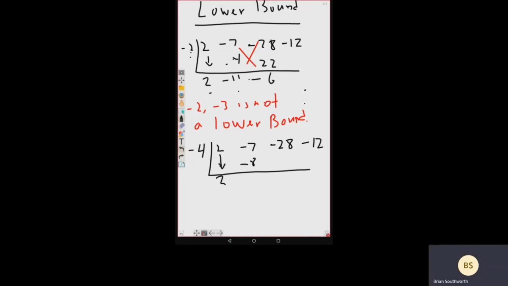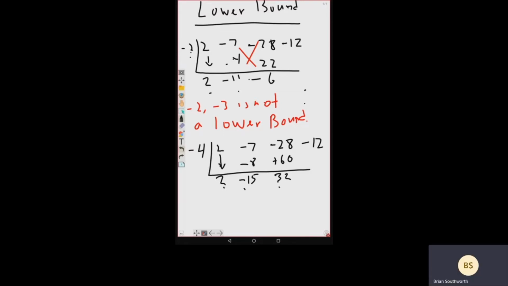Add those together, you get minus 15. So positive and negative so far, so good. Minus 15 times minus 4 is plus 60. Minus 28 plus 60 is positive 32. So I got plus, minus, plus, so far so good.